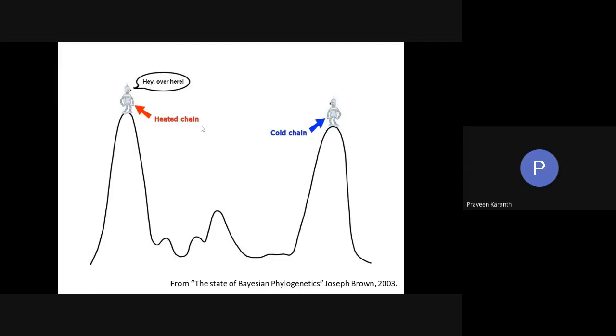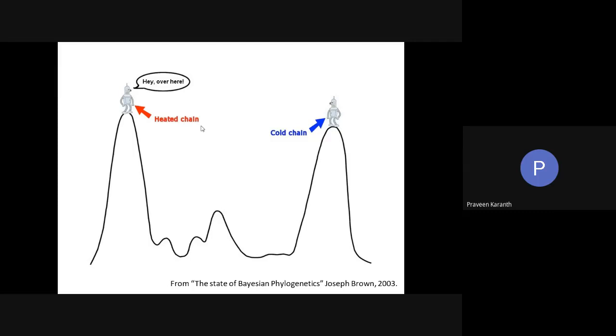Another way of looking at it is, if you're running just two chains, ultimately you want one tree, so you can't be sampling from both chains.